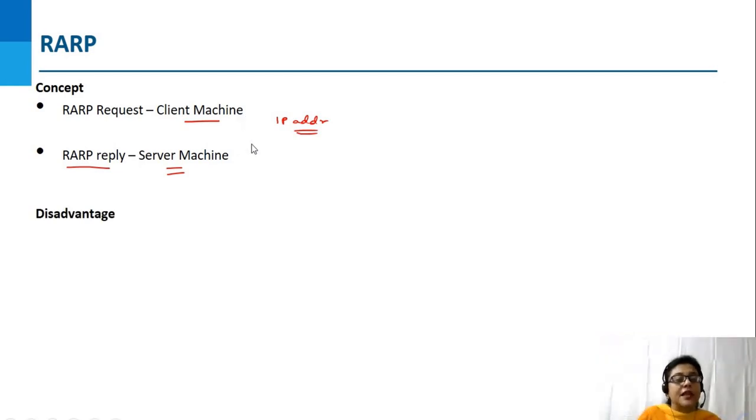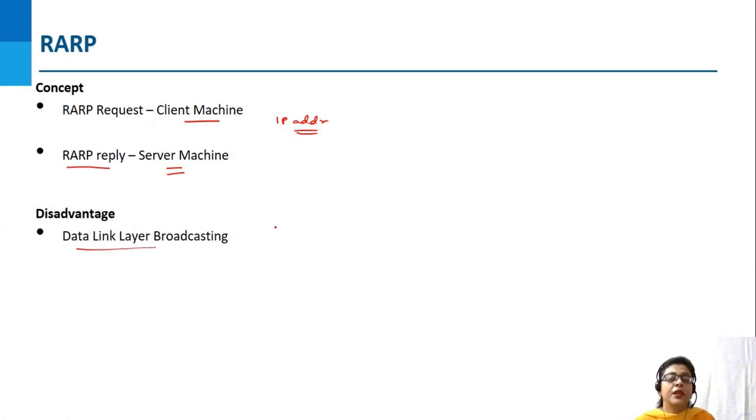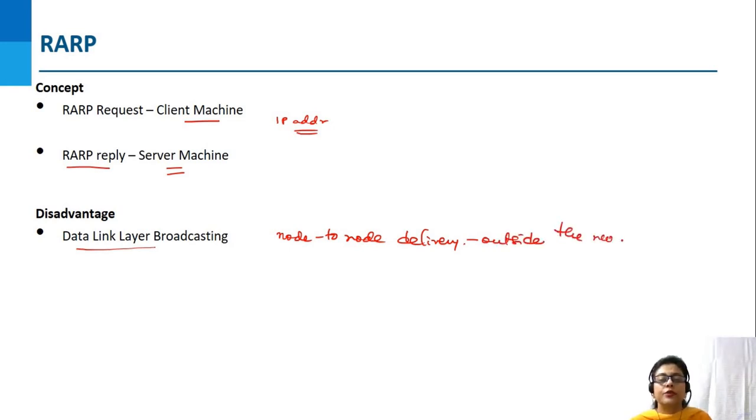Now, there are certain disadvantages of RARP. This RARP broadcasting happens at the data link layer. Now, as we know, the data link layer means node to node delivery, and these messages cannot go outside the network.